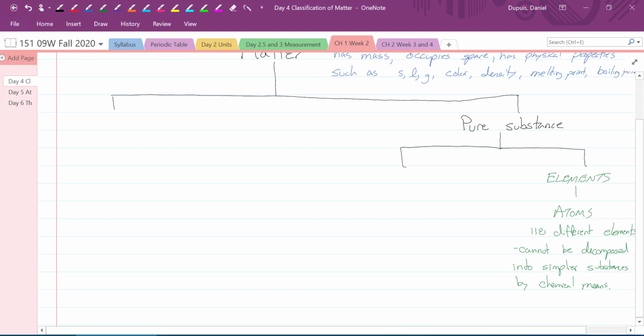That means I cannot go into a Gen Chem lab or organic chem lab, some type of chemistry lab, and mix some things, heat some things, and break down atoms.